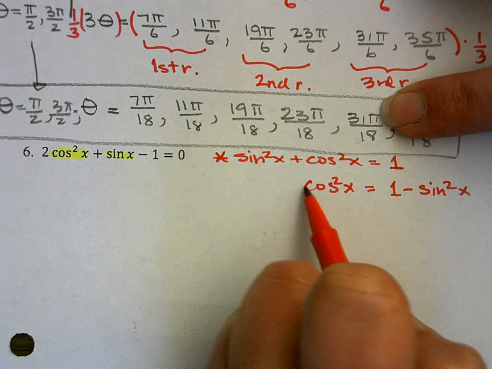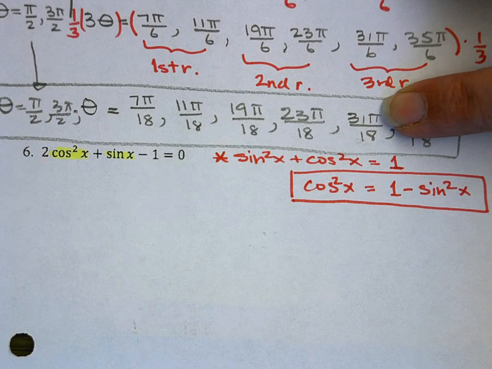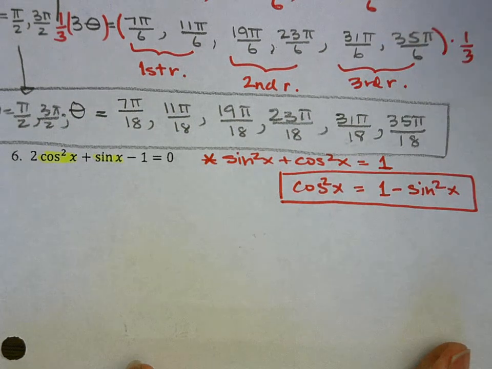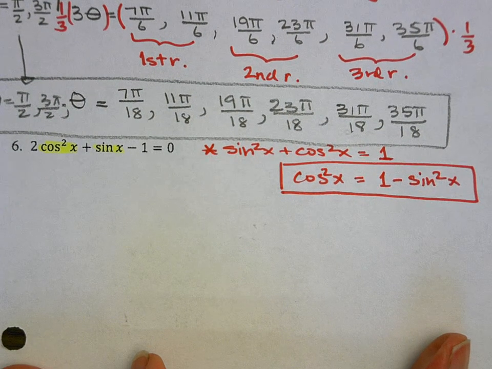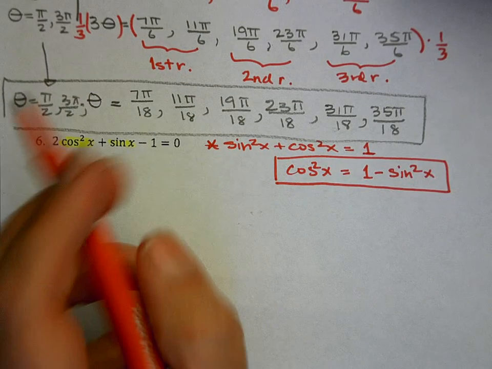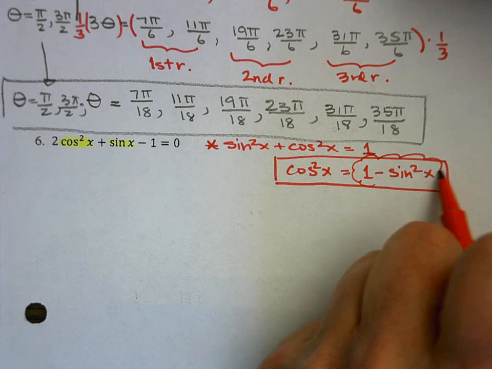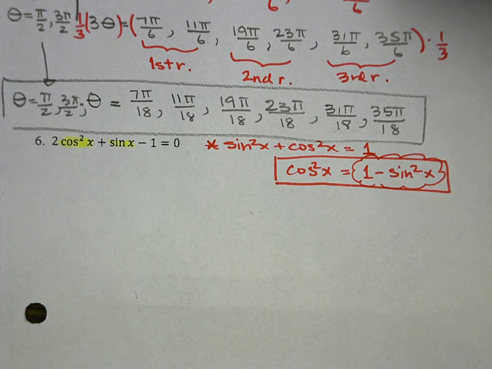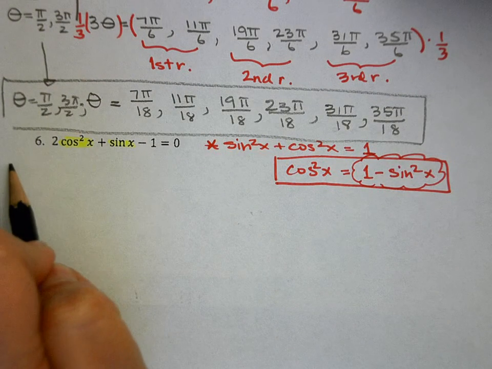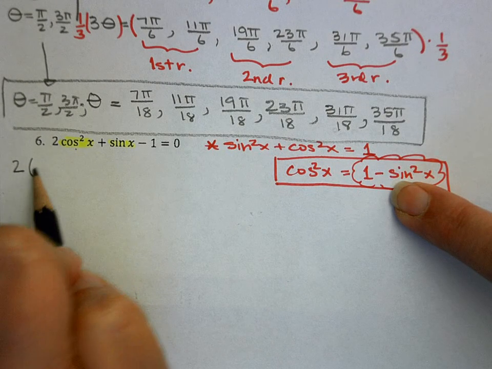So this is the substitution I want to use. So again, I'm not trying to do a proof, I'm just trying to do a substitution to help me solve this equation, right? So I'm going to take cosine squared here, and I'm going to replace it with 1 minus sine squared. So that's going to be my substitution. So I have a 2 in front, and then I'm going to replace cosine squared with 1 minus sine squared.